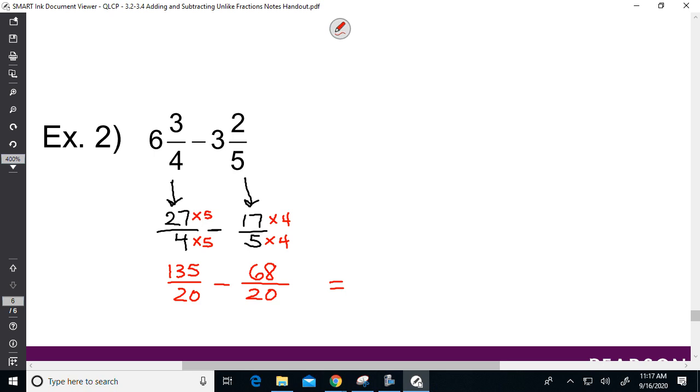So you got 135 minus 68, which is 67. 67 over 20. So that can't be reduced. So you can leave it that way, or give it as the mixed number.